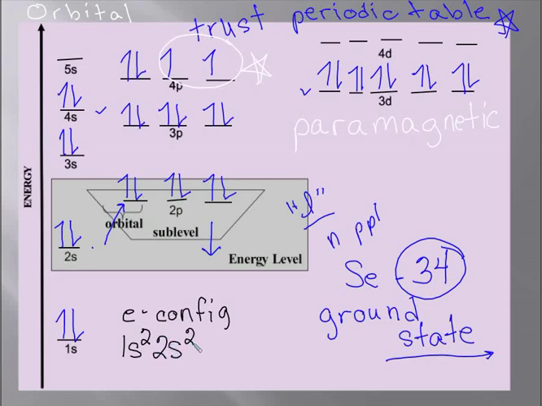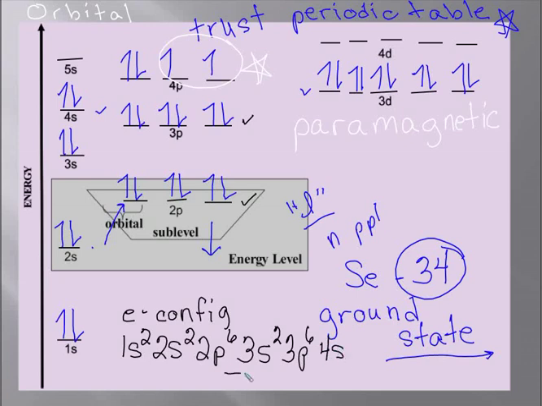No comma, follow right away with my 2s2. I have 2 electrons, I superscript it. Then I go to 2p. If you look up here, I have 6 electrons. You notice this doesn't give us any indicator of paired versus unpaired, but it's a lot easier to write. And then I'd have 3p6.